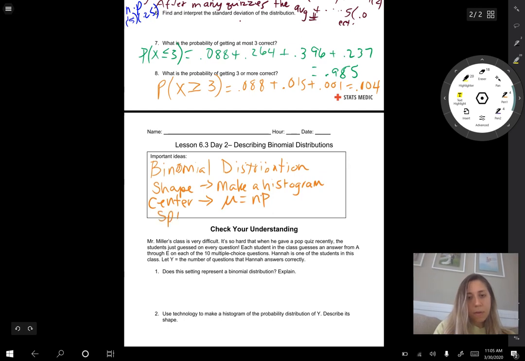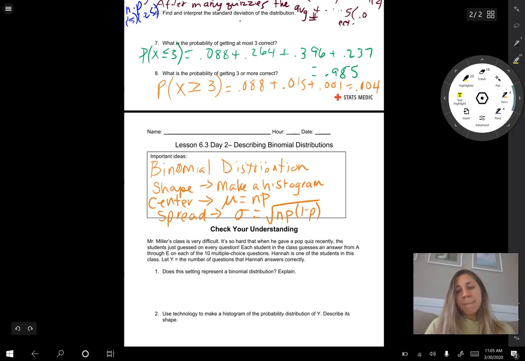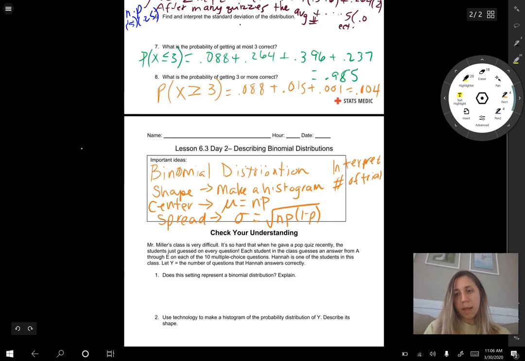And spread, we have our standard deviation, which is the square root of n times p times 1 minus p. Interpretations, make sure you're talking about how many trials you have, number of trials included, and context.